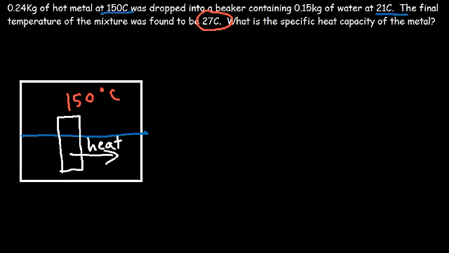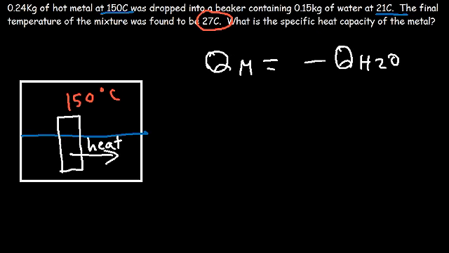Now, according to the law of conservation of energy, the heat energy gained by the water must equal the heat energy lost by the metal. So we could say Q of the metal is equal to negative Q for the water. The reason why we have the negative sign is because the metal lost heat and the water gained heat.